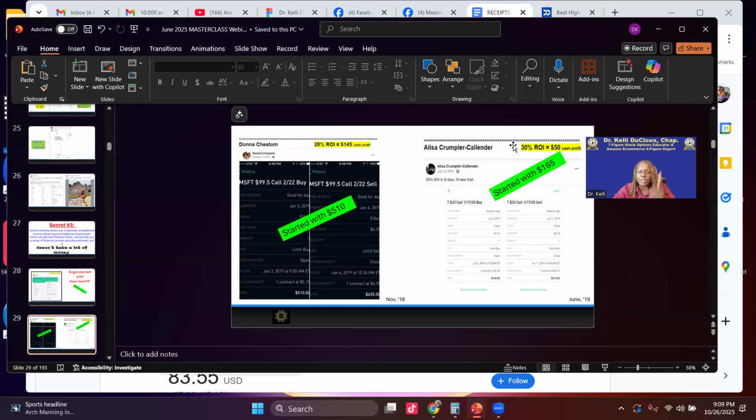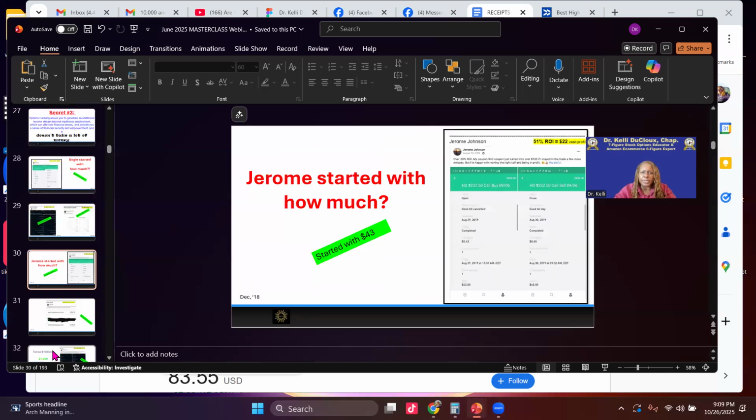Okay, so we got $93, $500, $160. Okay, what else? Jerome started with 43 bucks. He bought it on August 29th, sold his investment. Remember the little coupon? He bought his coupon for $43. And I told you that there's a secret website I take my clients to.